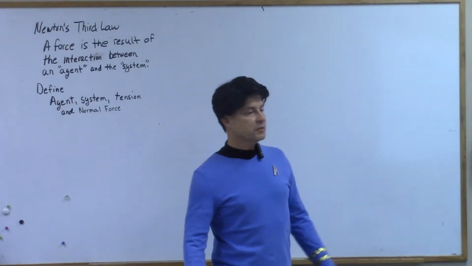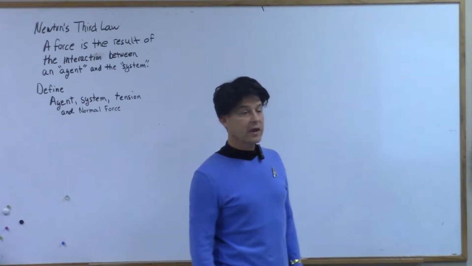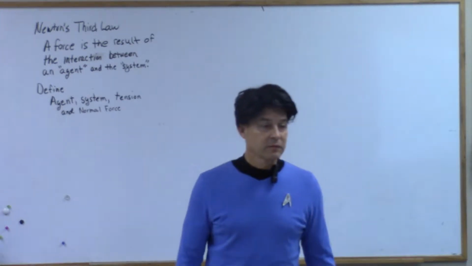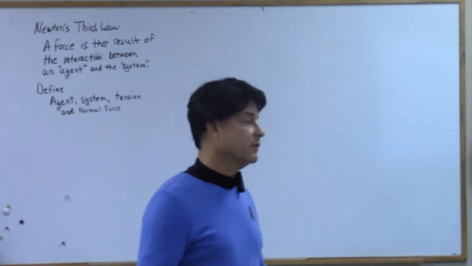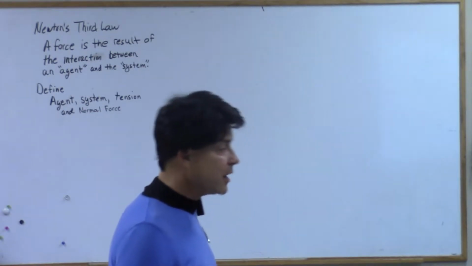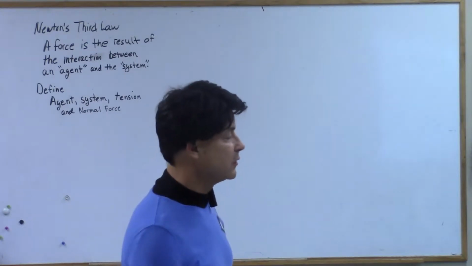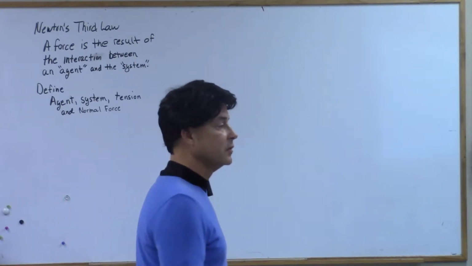When you were in freshman physical science, wherever it was that you took a physical science, when you learned Newton's three laws, you memorized things like Newton's first law: matter in motion stays in motion, matter at rest stays at rest unless acted on by an external force.